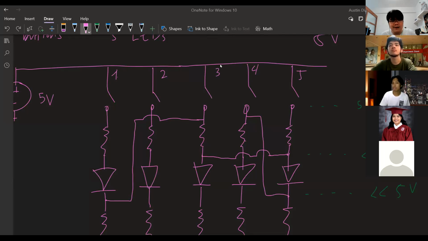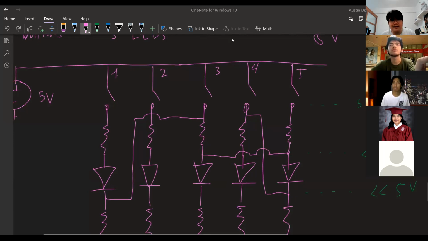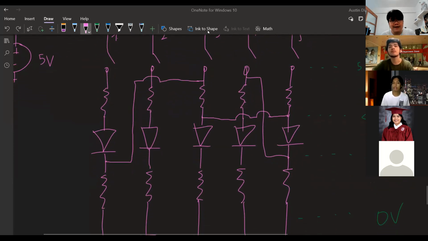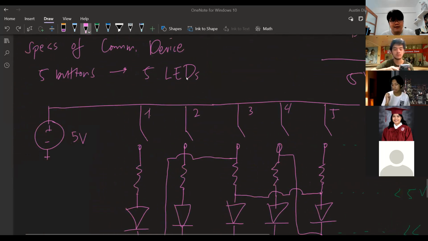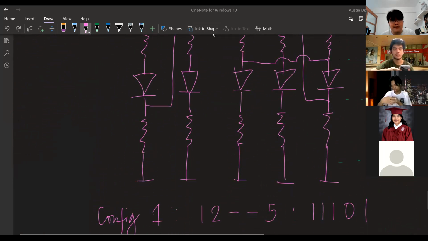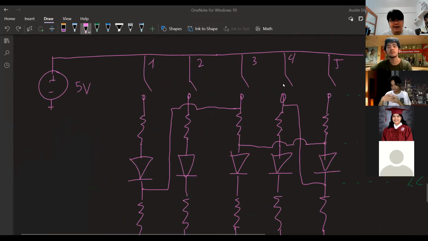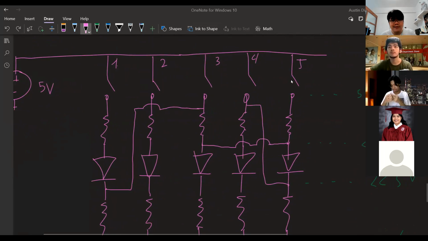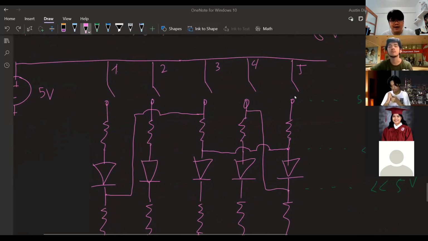Sir, paano po yung dalawang resistor dadaanan? Pwede bumalik, sir, yung daloy? Saan-saan? Kasi trace the path. 5, 3, 1. So, 5, 3, 2, 1. Ito, 5, 3, 1.